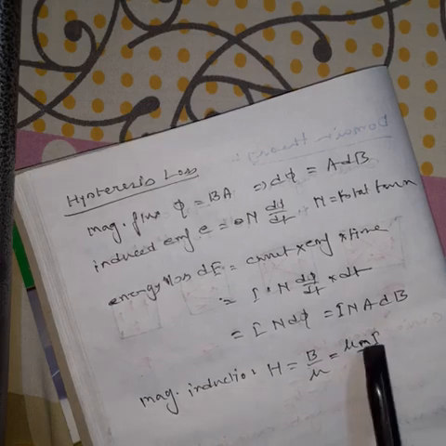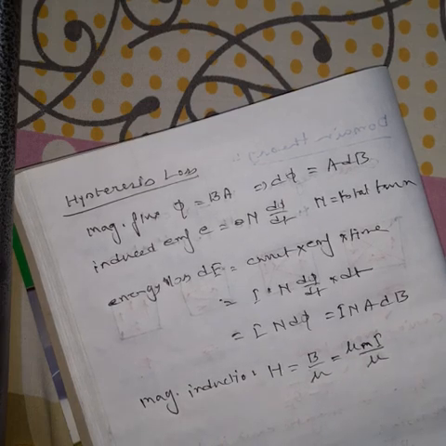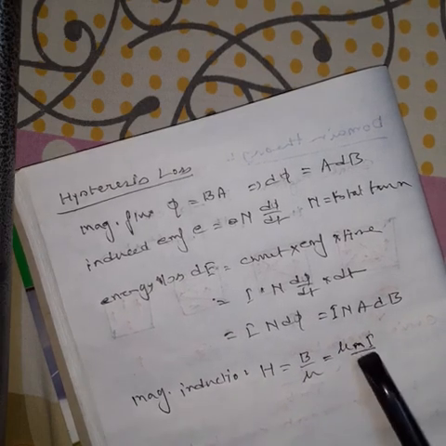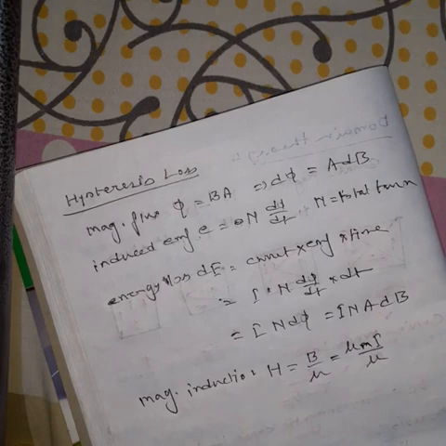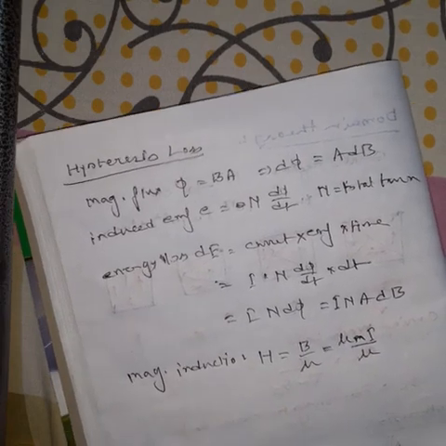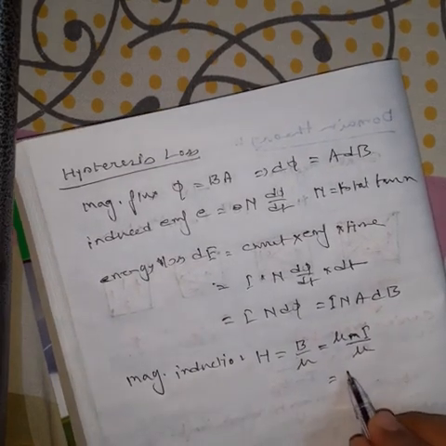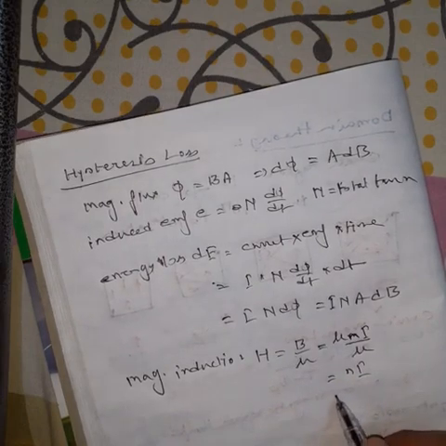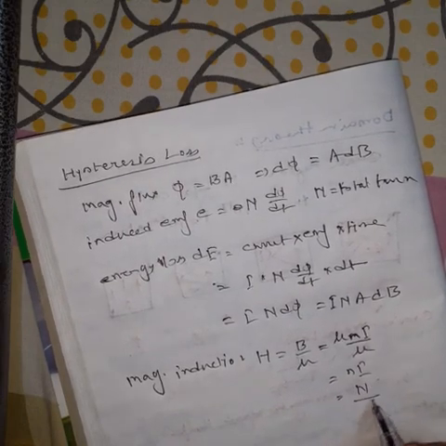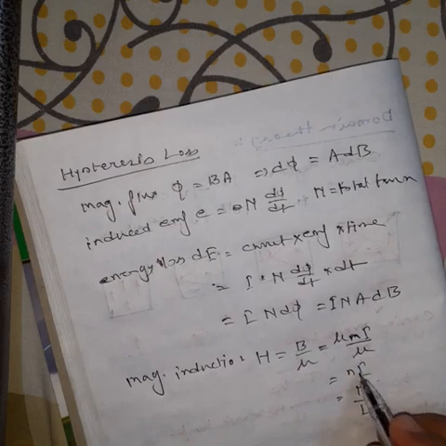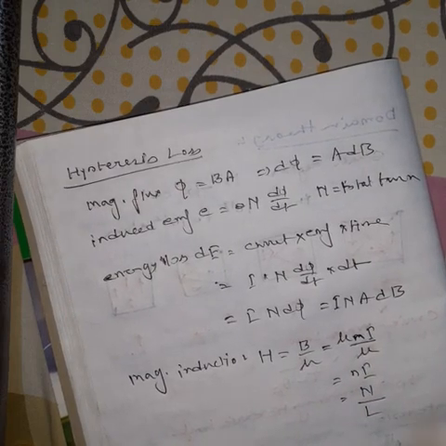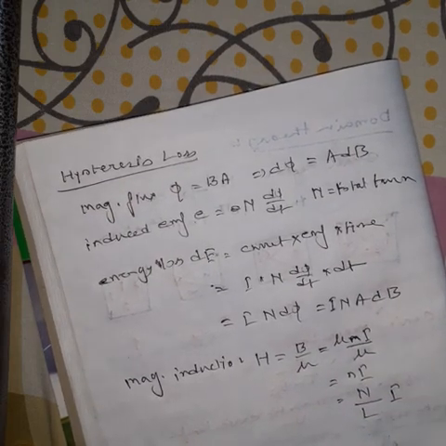If current I is flowing, then it is this, where small n is the number of turns per unit length. You can go back to your plus 11 book and have a look at it. So small n is nothing but total turns divided by L, the number of turns per unit length, into I.